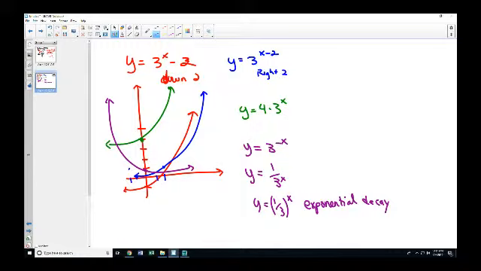Scientifically, anybody think of a possible application? Half-lives of uranium. Yep. Radioactive decay, half-lives, carbon dating. Any of that stuff deals with exponential decay, because supposedly, we haven't been around long enough to measure this, so it's a scientific, educated guess.